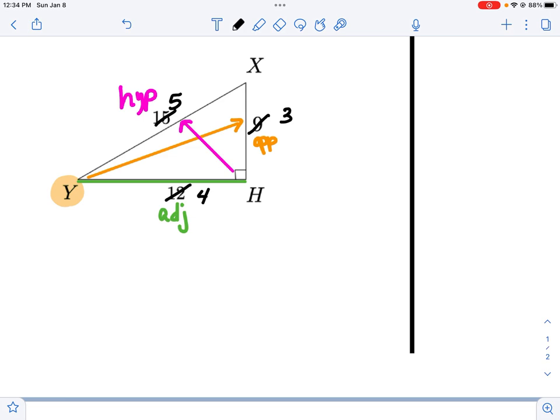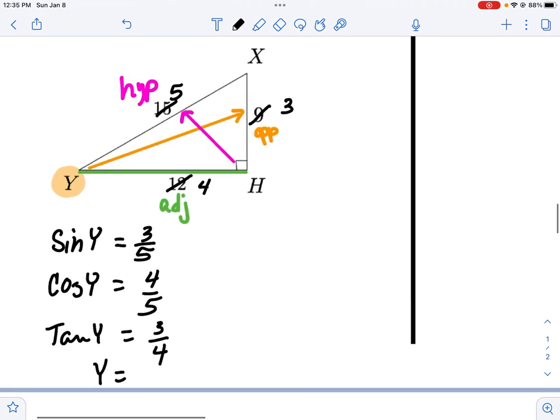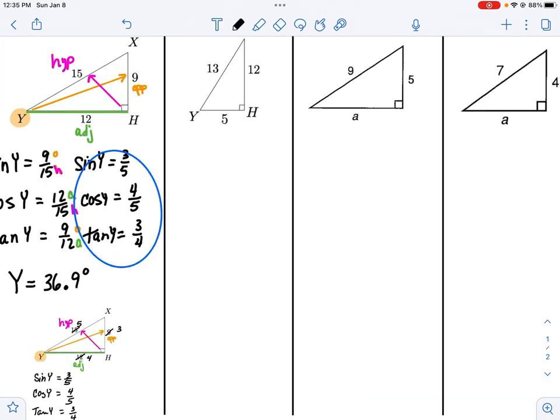And then when they write sine of y, their fractions would already be reduced. And frankly, that's what I usually do. I just forgot. But that would be an easy way to do that too if you wanted to. Totally your call. I like to reduce the triangle before I get going.